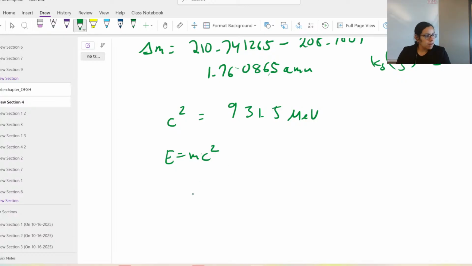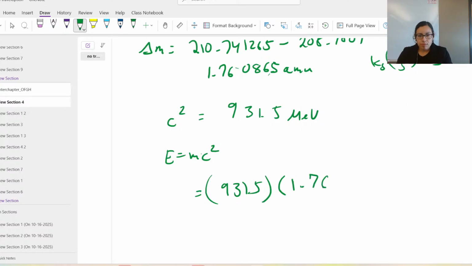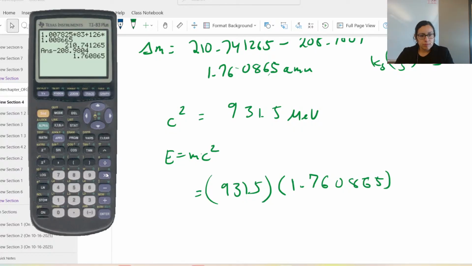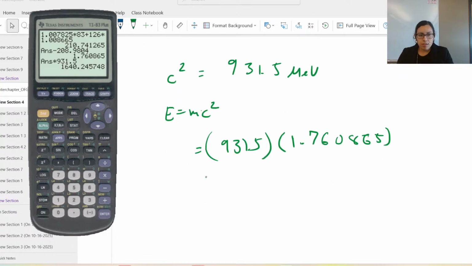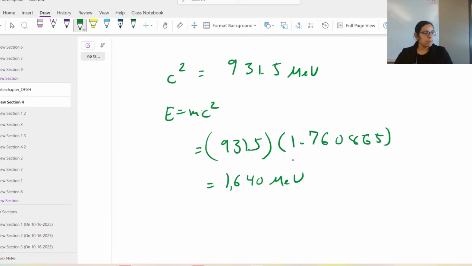And so then we can calculate our energy. So 931.5 mega electron volts times our mass defect. Sorry, switch those. And so then this gives us 1,640 mega electron volts.